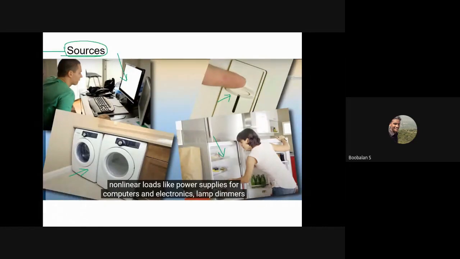How are we able to call it a non-linear load? In our computer we have an SMPS, a switched mode power supply. The monitor needs a different current rating and different voltage. The keyboard, mouse, hard drive and CPU fan are different types of applications, and they need different rated currents.